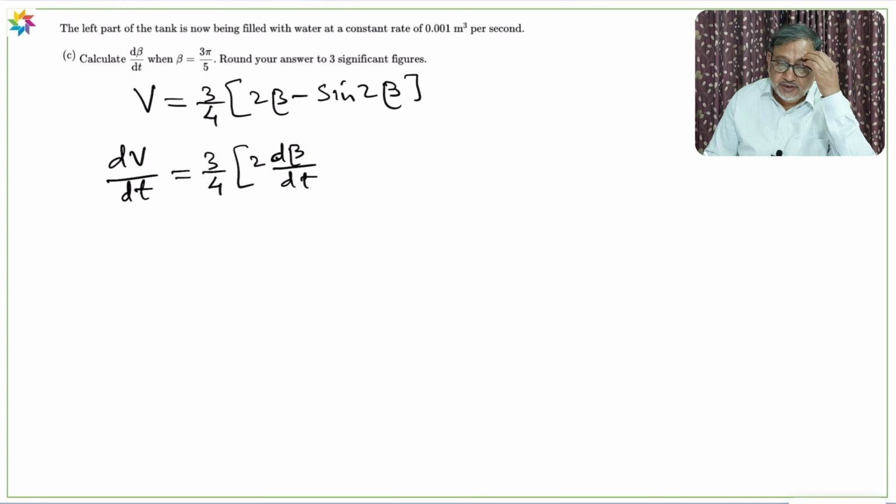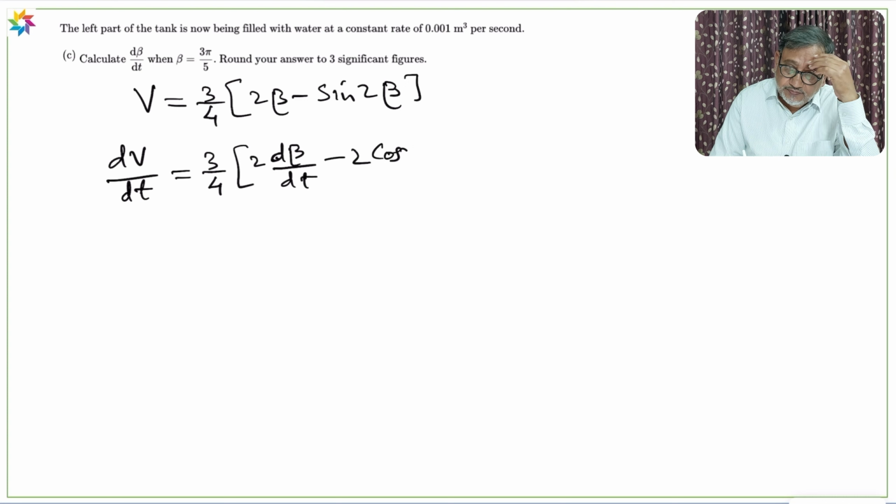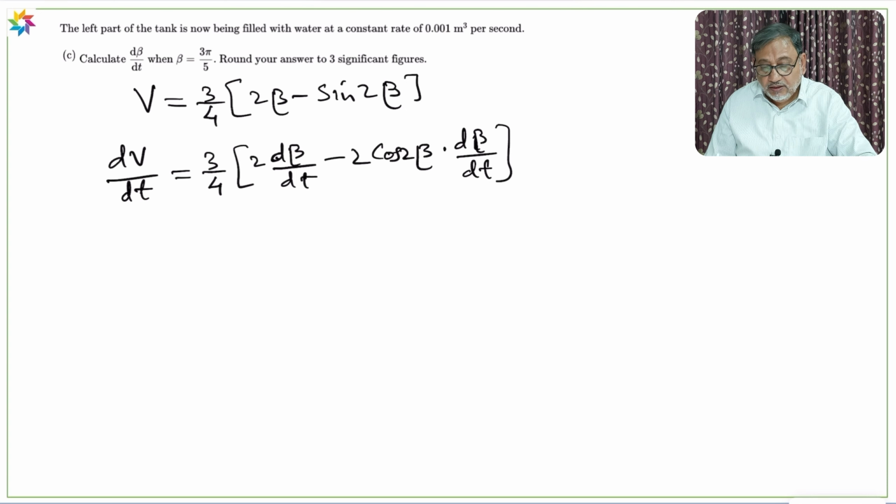Minus sine 2 beta will be cos 2 beta into 2, so 2 cos 2 beta into d beta by dt, because by chain rule I have to differentiate the angle also with respect to t. Okay, this is the differentiation keeping 3 by 4 out by chain rule.